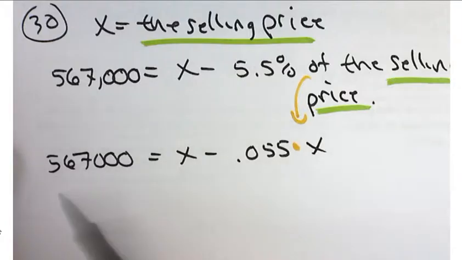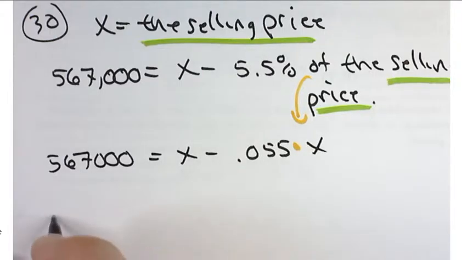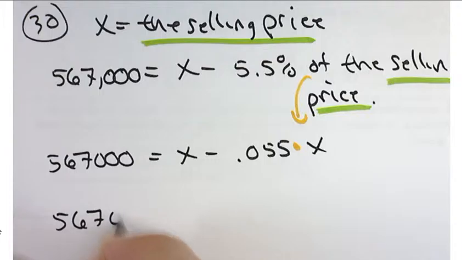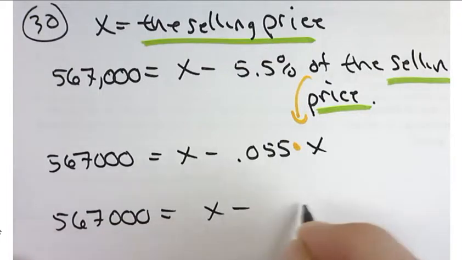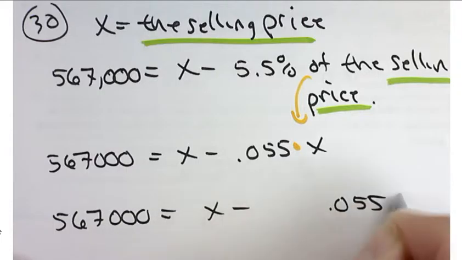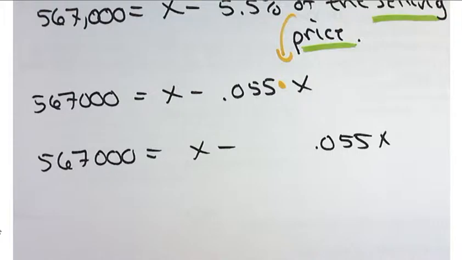To clean this up a little bit more, I'm going to get rid of the decimals. Before I do that, are you okay with where we got this expression from? 567,000 equals x minus 0.055x. Let's clear out the decimals. Autumn, what can I do to clear out the decimals on this one?